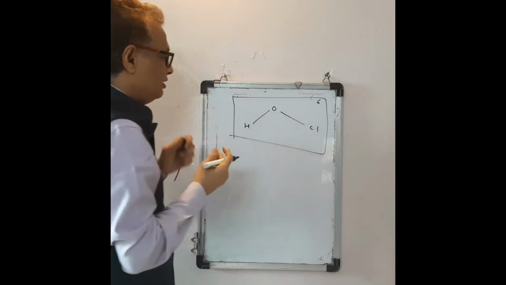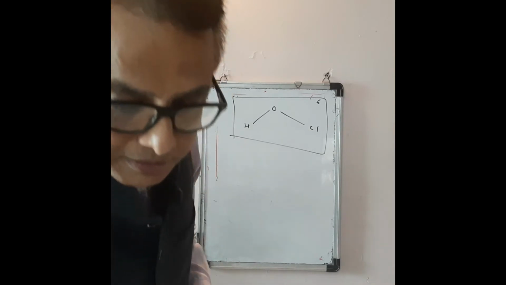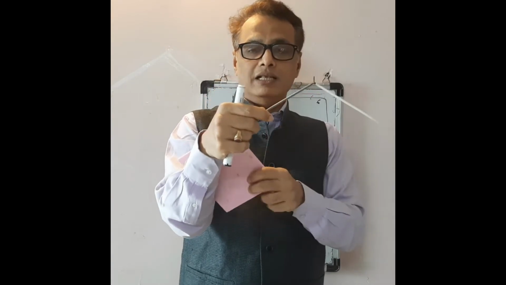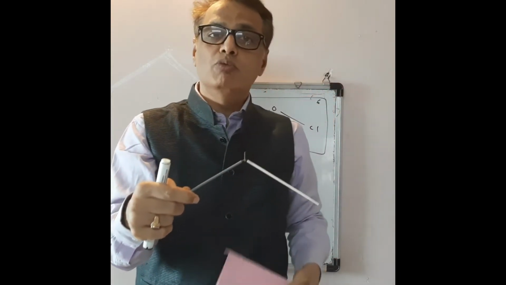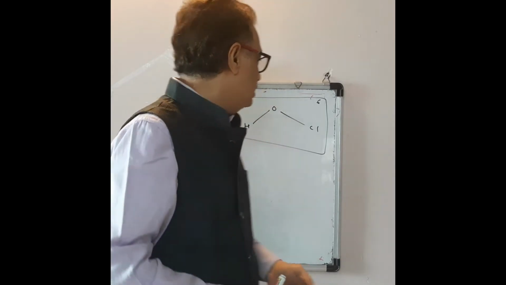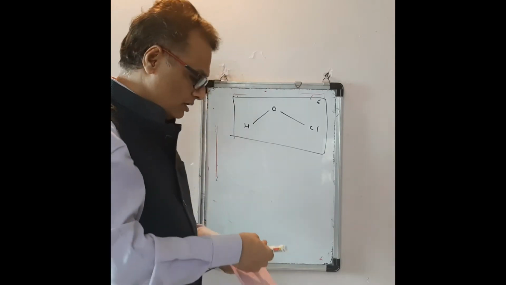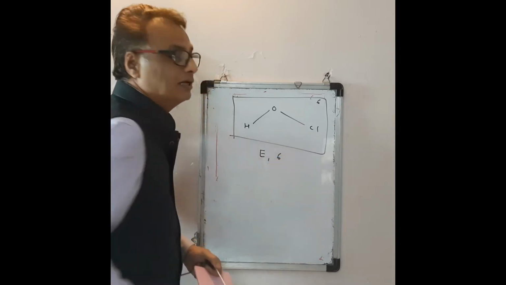So this is a mirror plane which bisects the hydrogen, the oxygen, and the Cl atom, and which brings the molecule into the same configuration. So it contains only one sigma. If we want to write the list of symmetry elements possessed by this molecule, then hypochlorous acid, HOCl, contains only E and sigma.